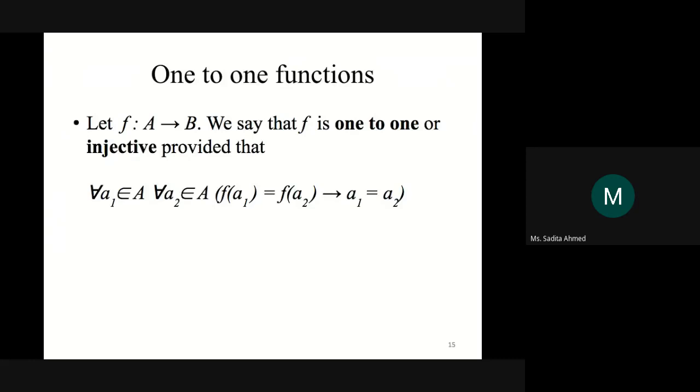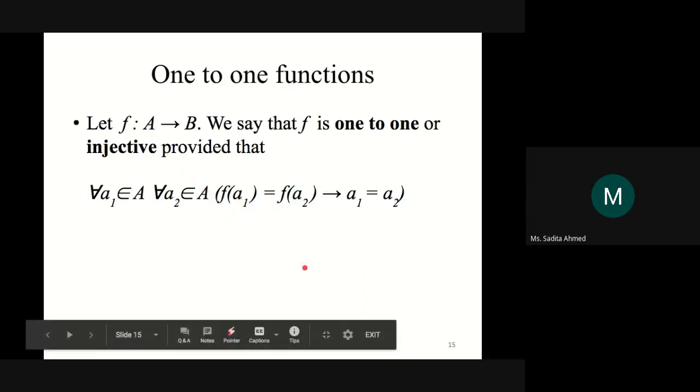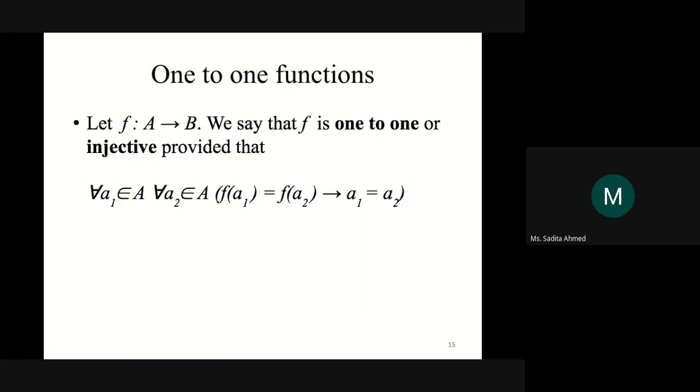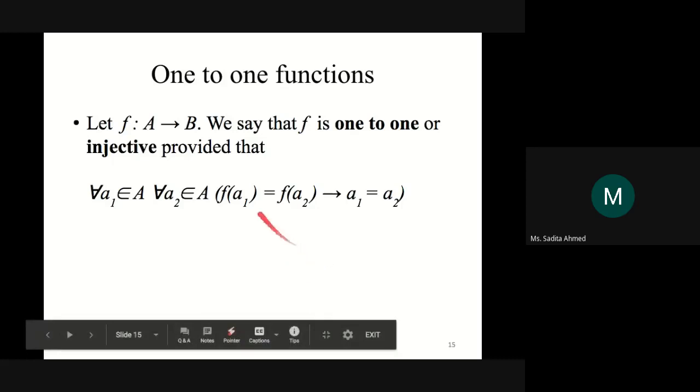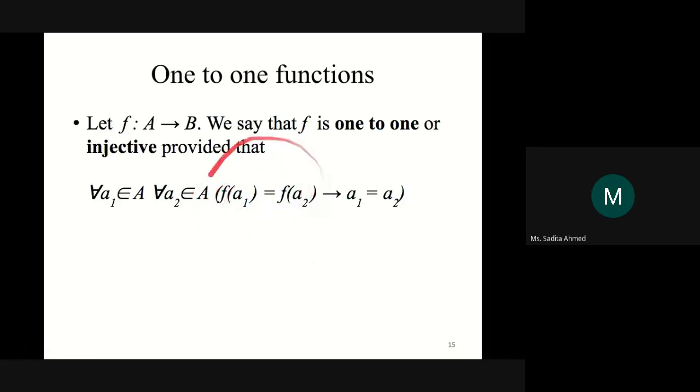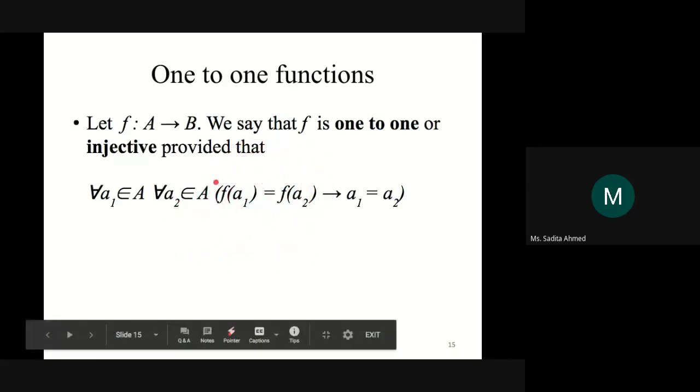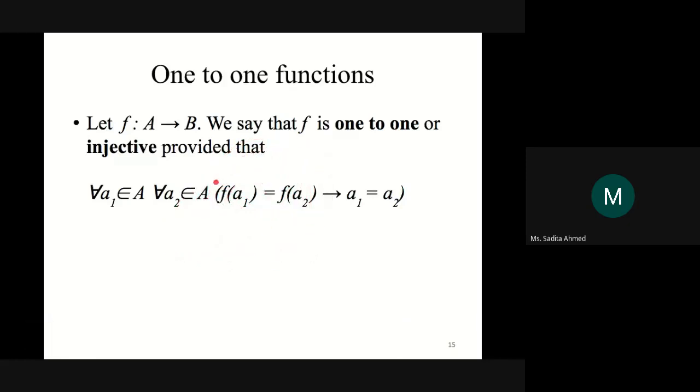That is, for all elements in the domain, if you've got any pair of elements from the domain where the results of the function applied to these elements are equivalent to each other, then it must mean that the elements themselves are equivalent to each other.